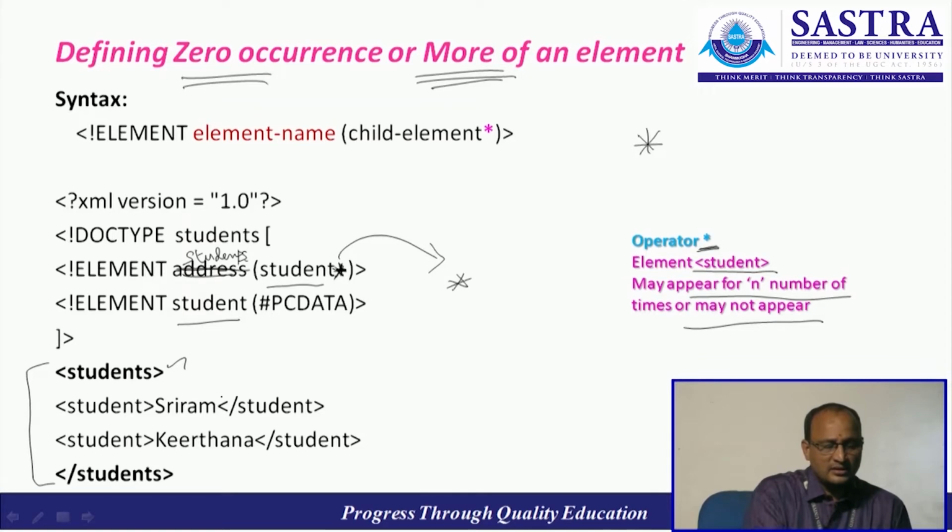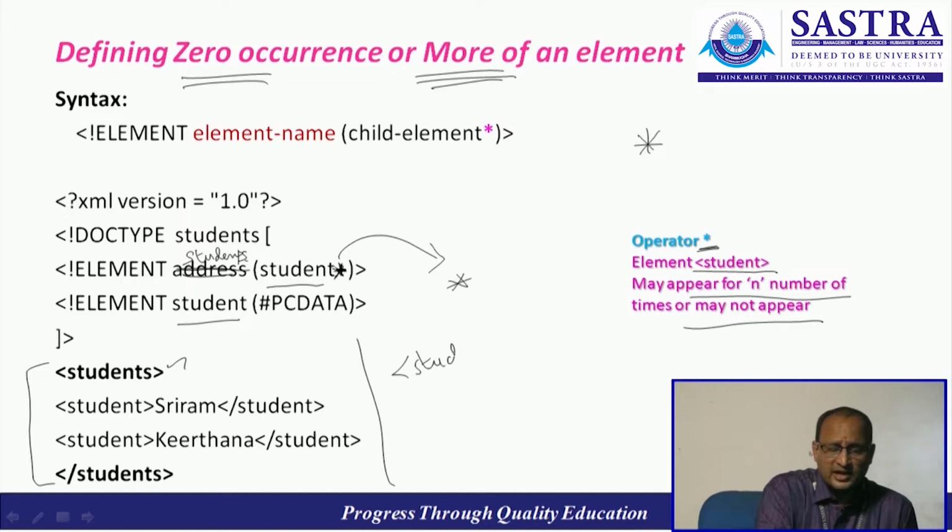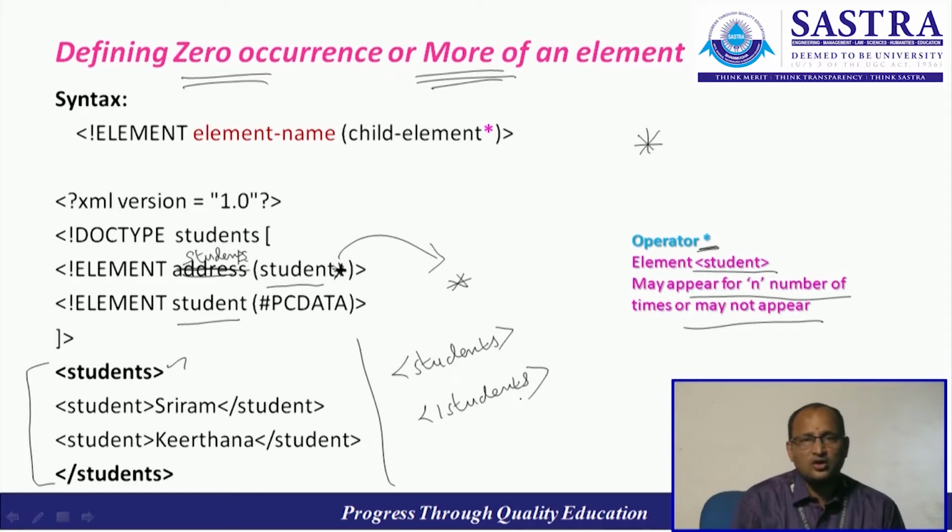Shall I write the same XML document differently? Yes, I can write students, slash, students. Is it right or wrong? There is no child element student. Please note, here I have not specified any child element as student, because the student element may or may not appear, because I have given asterisk mark along with the element student.